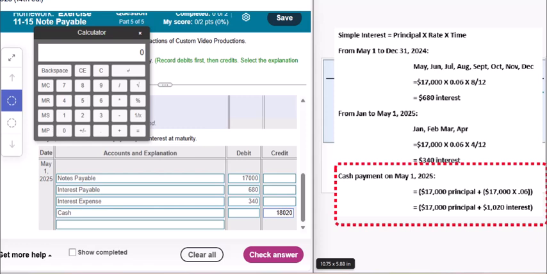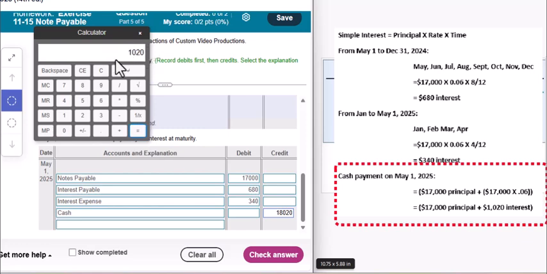And then the second way you can calculate this is by adding the principal amount that was due for that 17,000 and calculate the total interest due as well. So in order to do that, we'll take the 17,000, which is our principal amount, times the 0.06 rate, and that is for the full year. And that's going to equal 1,020.